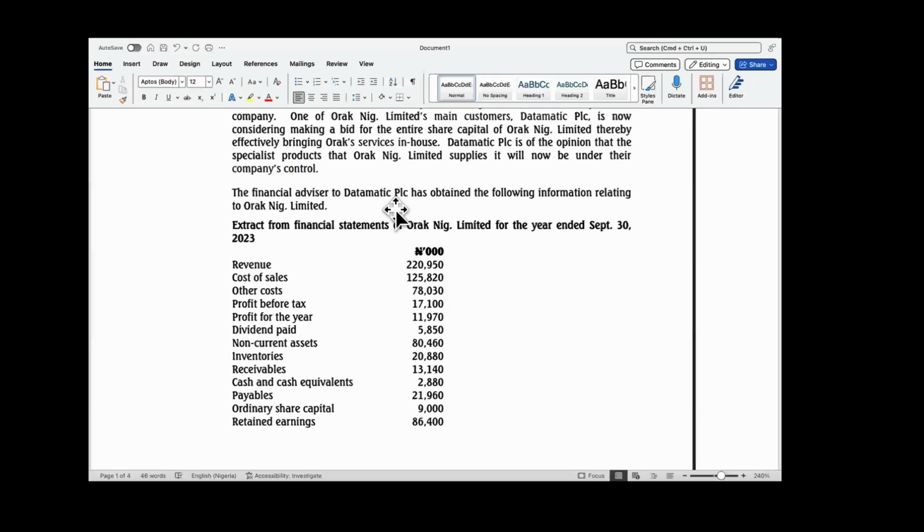If we had, our capital employed would have been equity plus that long-term debt. That's the easiest way to get it. But because they did not give us long-term debts, then our capital employed can simply go for just equity, which is ordinary share capital plus the retained earnings.